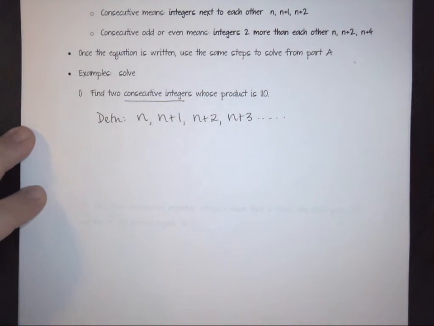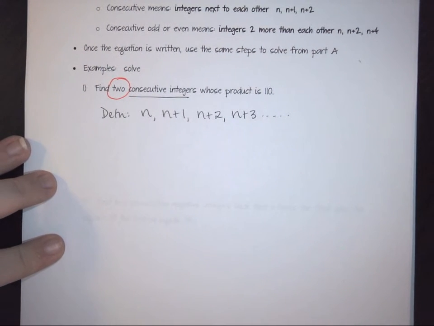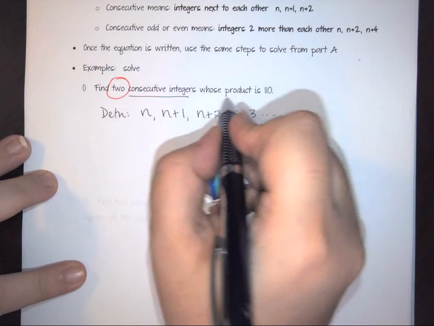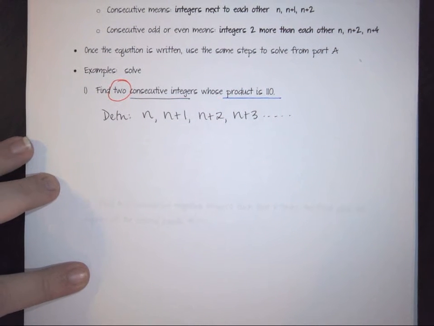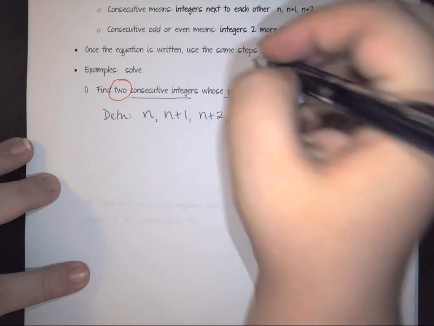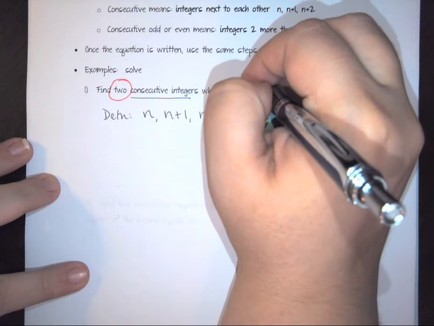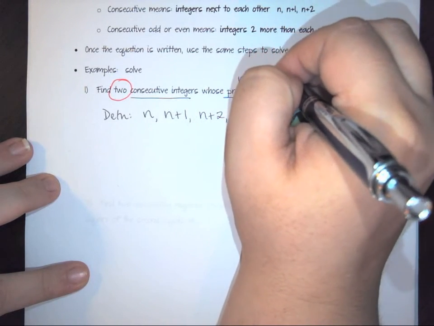Now I have to look at how many do I want. Well, in this case, I only want 2. And of those 2, I want to know that their product is 110. So in other words, again, this means to multiply.